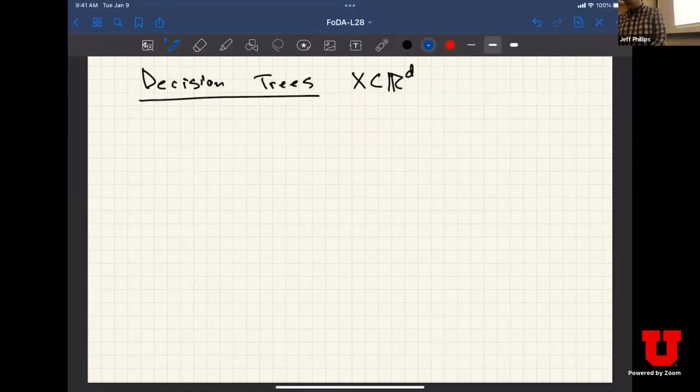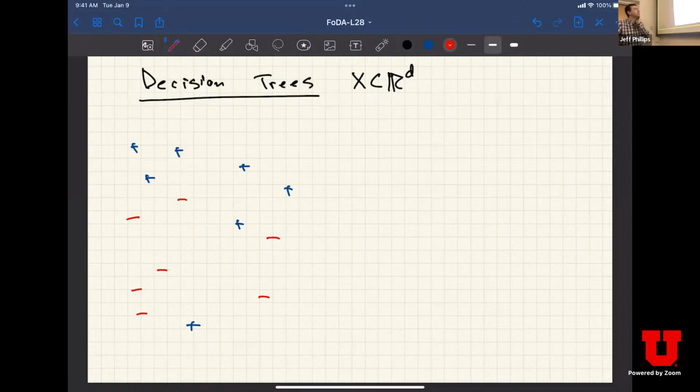And so the idea here, I think I can draw a picture if it's in R^d. Let's say there are some points, some positive points, and some negative points as well.